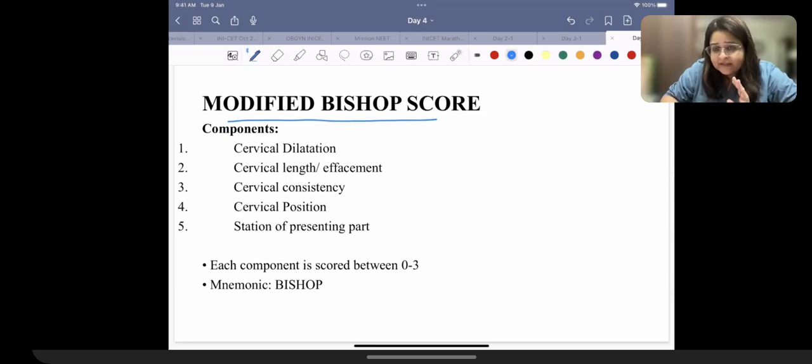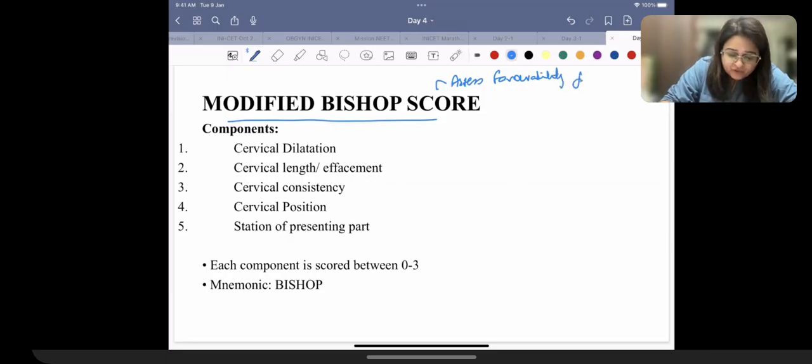So, whenever you're planning induction of labor, you do a per vaginal examination. Okay. And you do a PV examination and you assess the favorability for induction. Okay. So, Bishop score is done to assess the favorability for induction of labor.